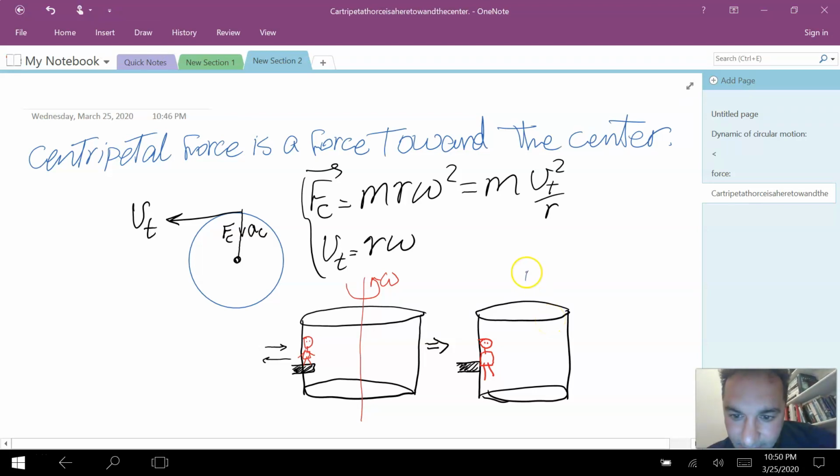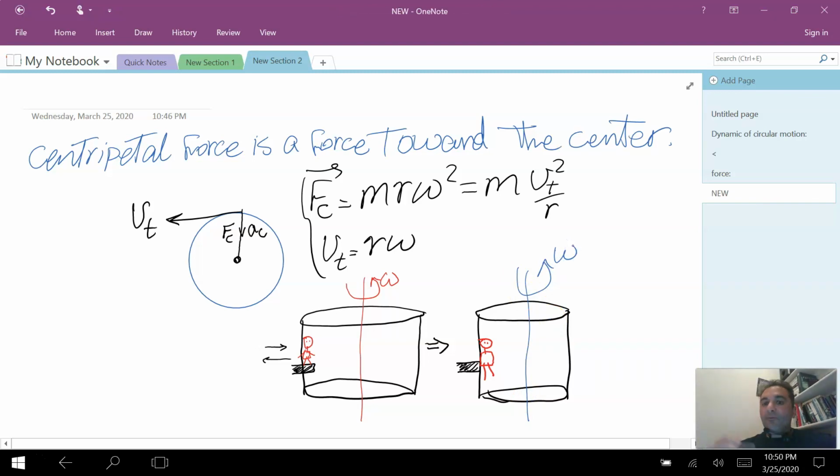When this cylinder starts to rotate, when it reaches enough omega, pay attention, it must be enough. So it's not possible at any speed. No, it has to be enough velocity. Then the person will not fall. Why? Because of this.